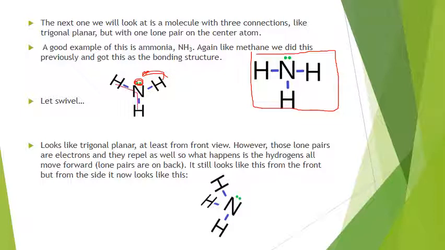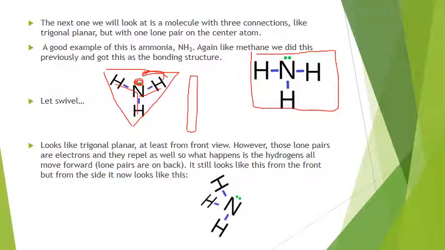It forms this triangle shape. But the thing here is the lone pairs. The lone pairs are going to cause this not to be a planar shape anymore. Trigonal planar was all the atoms in the same plane.